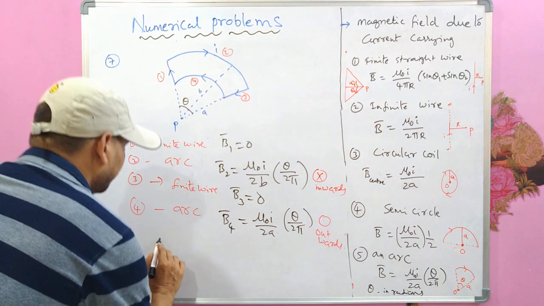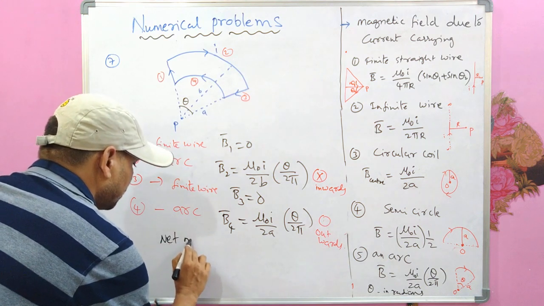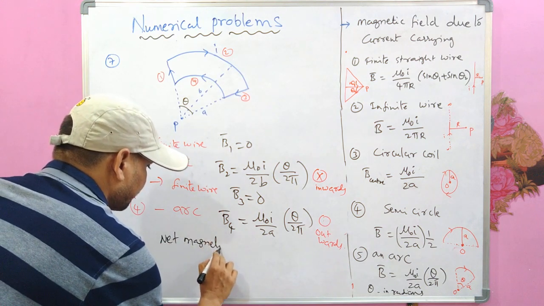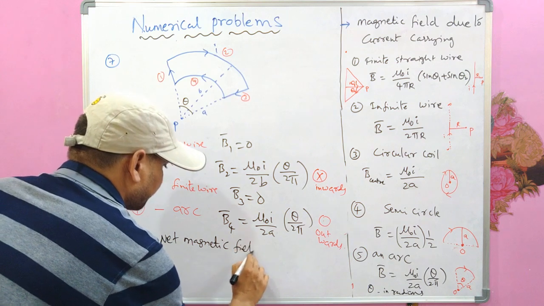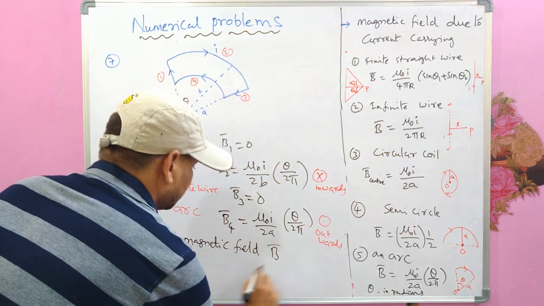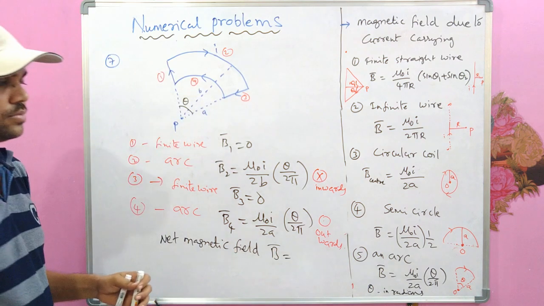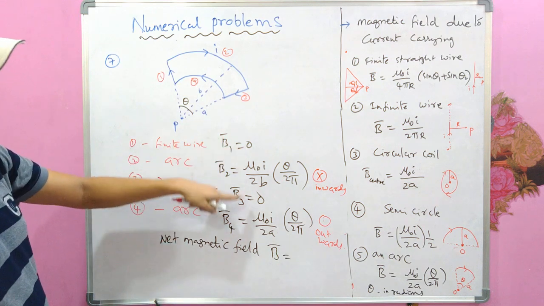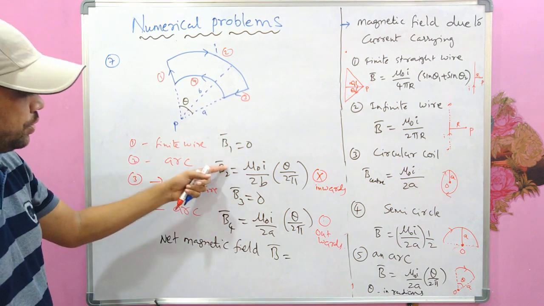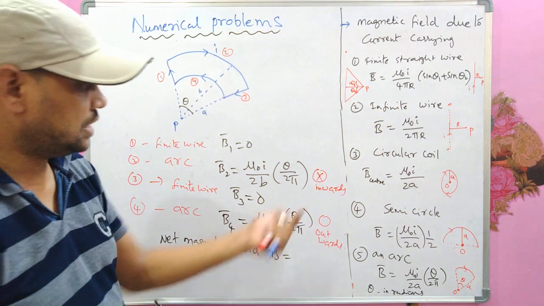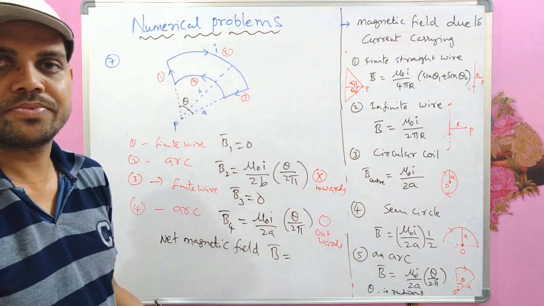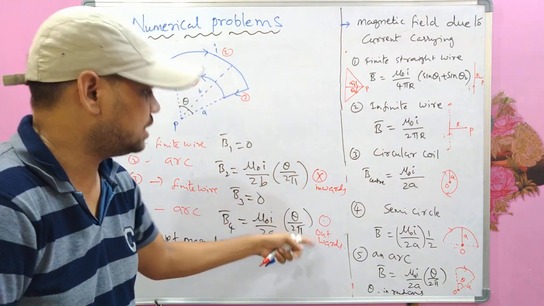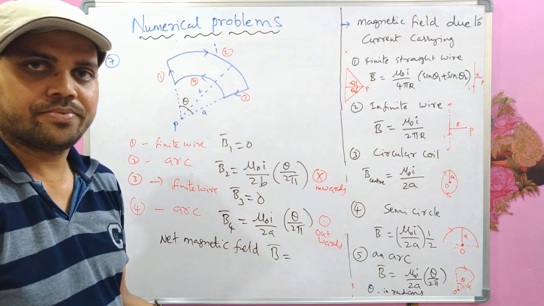So the net magnetic field will be the algebraic sum of all these. What is it? B1 is 0, B3 is 0. B2 and B4 are contributing. One is inwards and the other one is outwards. So this minus this or this minus this. Okay.